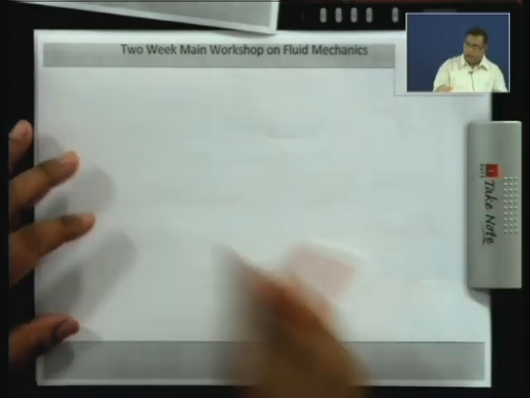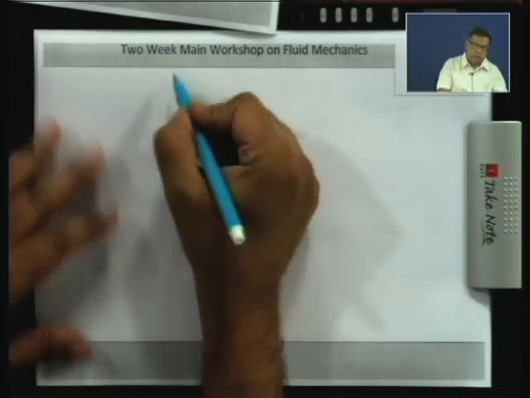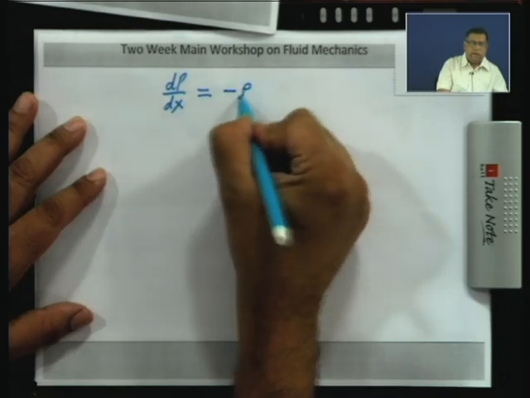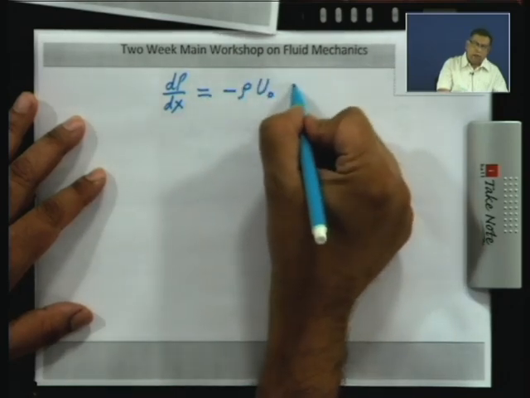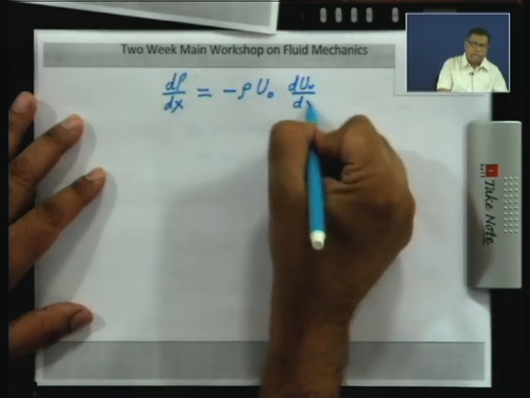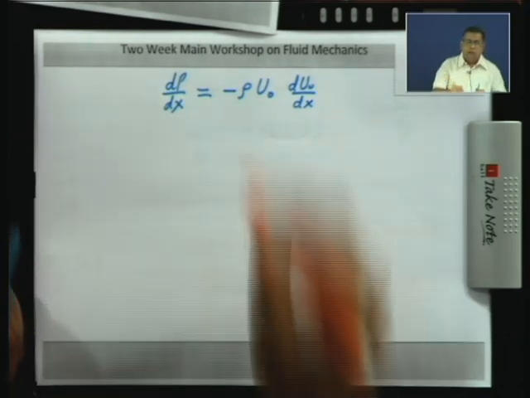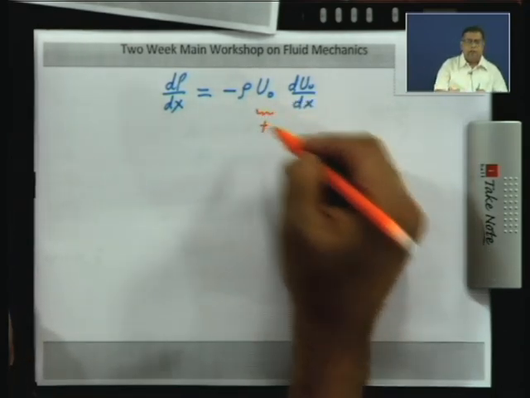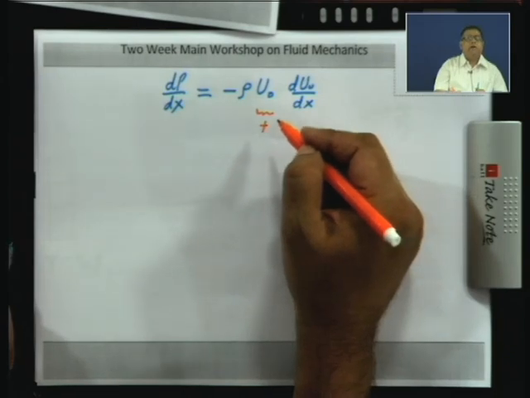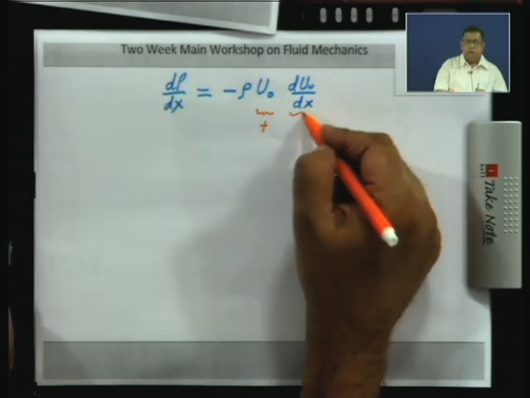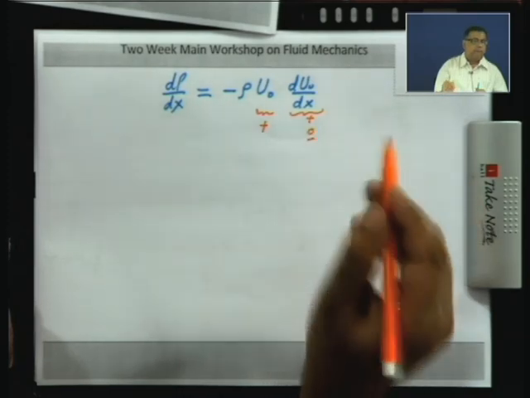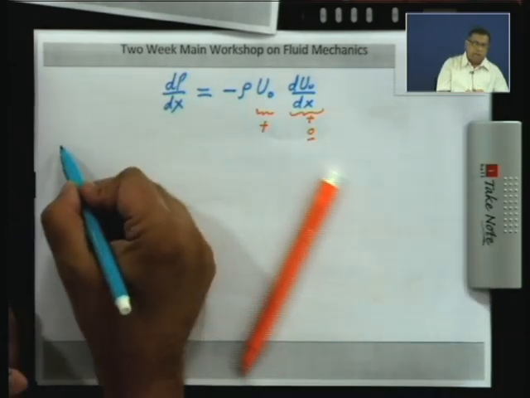So, if you look at dp dx inside the boundary layer, that is minus rho u 0 into du 0 dx. Now, we know that rho is always positive and u 0, the slip velocity, usually is positive. This can be either plus or 0 or minus. So, you can have 3 cases.